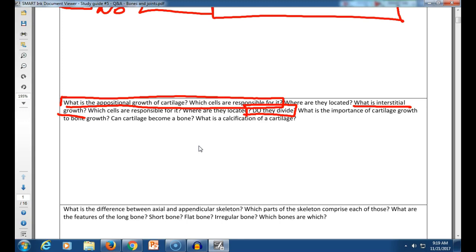But the elongation of the bone is impossible without the cartilage growth. Okay? Can cartilage become a bone? No. But can it become hardened? Can it become calcified? It can. That is the saturation of cartilaginous tissue with hydroxyapatite.